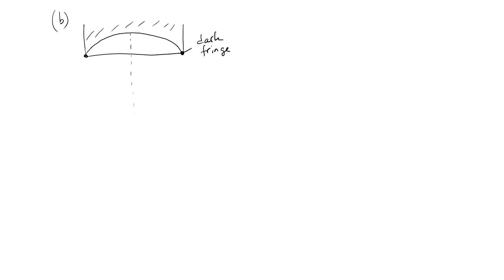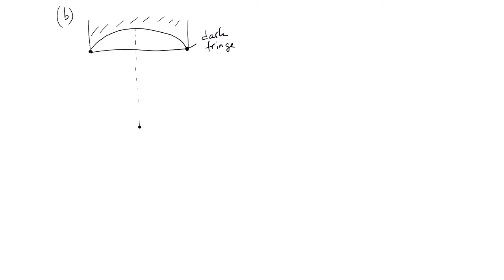If I draw a line from the center to the center of the curvature, this whole thing, let me use a different color, from edge to the center of the curvature will give me the radius of the curvature.